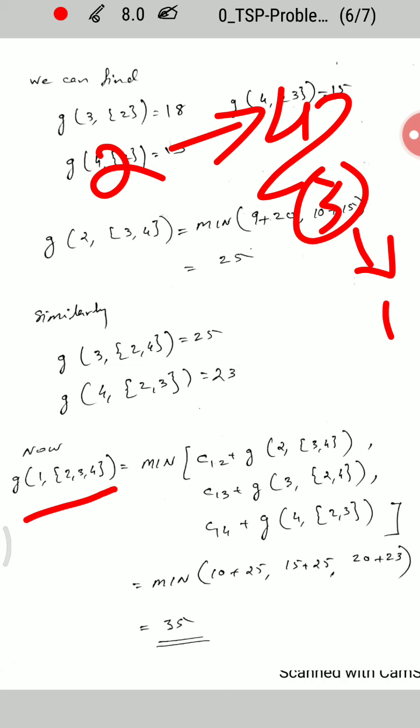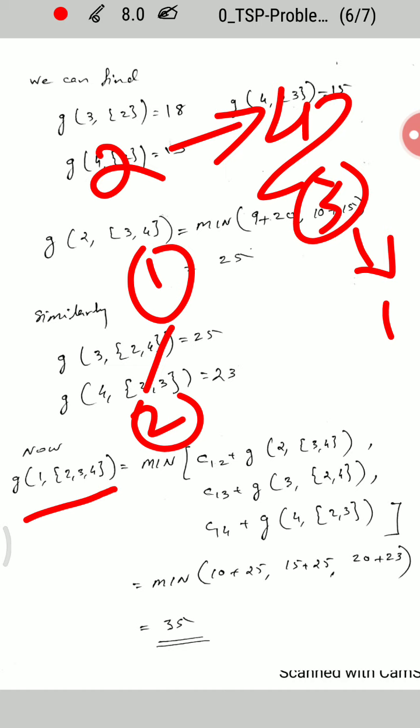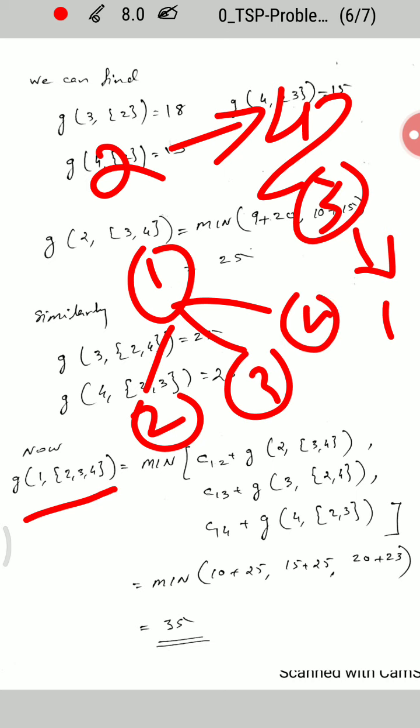What is the cost? We have already told, you are getting 3 costs, for 2, 3 or 4. Whatever the cost, you will be finding the minimum.